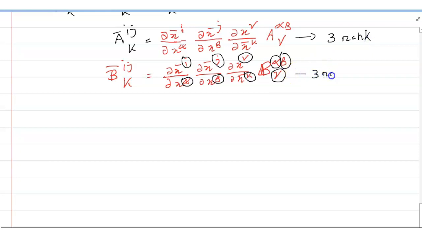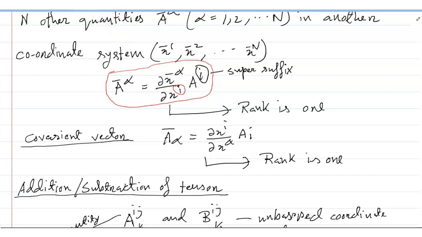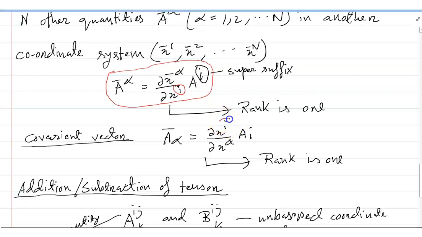Similarly, I have already discussed dummy index and free index in my previous video, but I will remind you again. Here alpha is the free index.